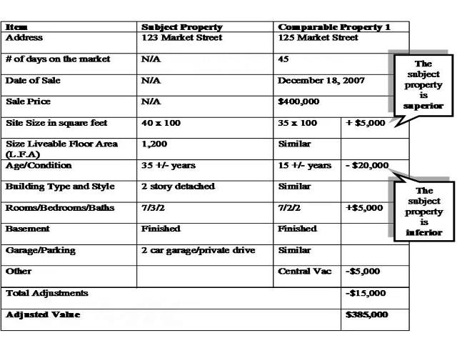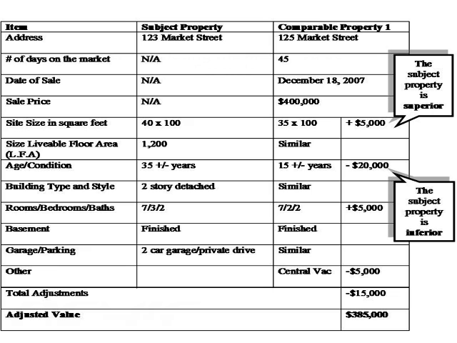If the comparable characteristic is superior to the subject, subtract from the comparable property's value. If the comparable characteristic is inferior to the subject, add to the comparable property's value. In calculating the adjusted value, the appraiser will add the total adjustments and either add or subtract from the sale price of the comparable property.